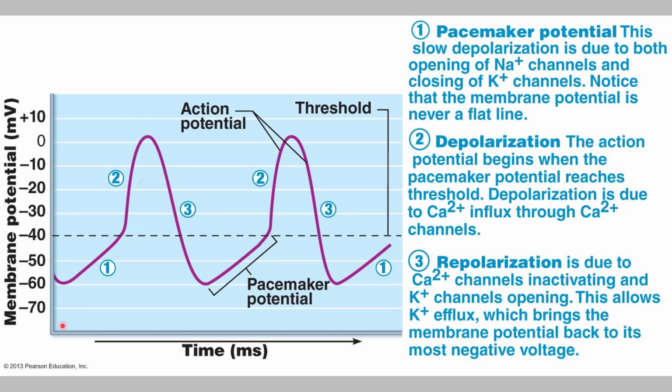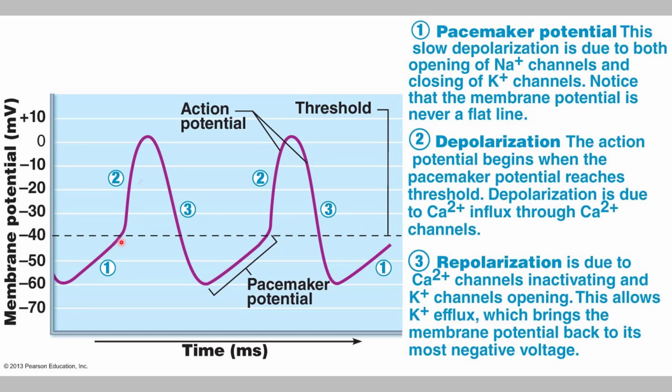He sets the rhythm for the entire heart. And down here, starting at this very bottom point, we can see that there is this slow depolarization coming upward. This is called the pacemaker potential.